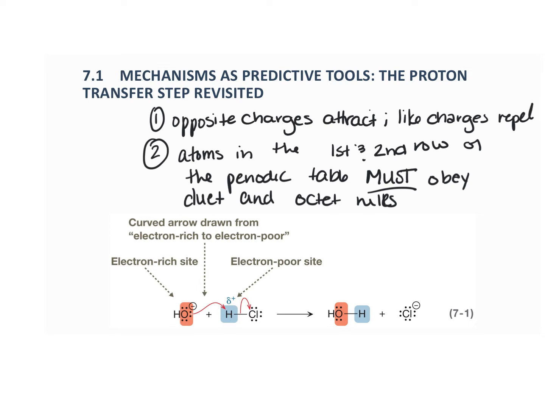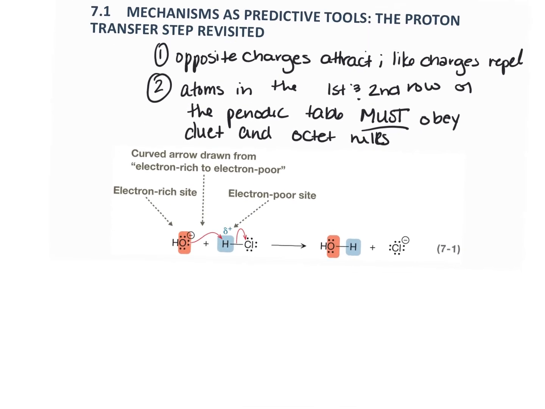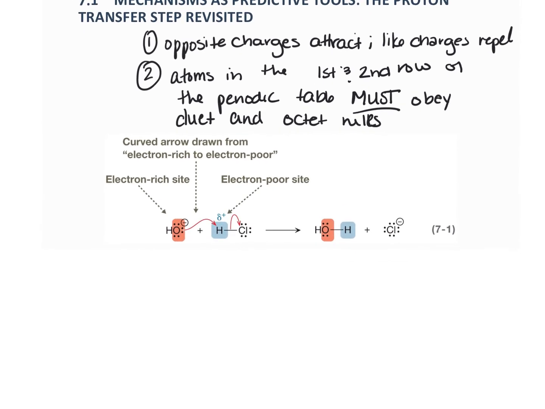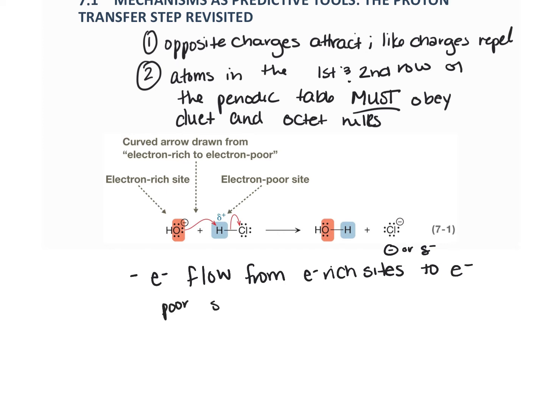Now, I want you to remember that in an elementary step, such as the one shown here, electrons flow from electron-rich sites, things that are negative or partially negative, to electron-poor sites.